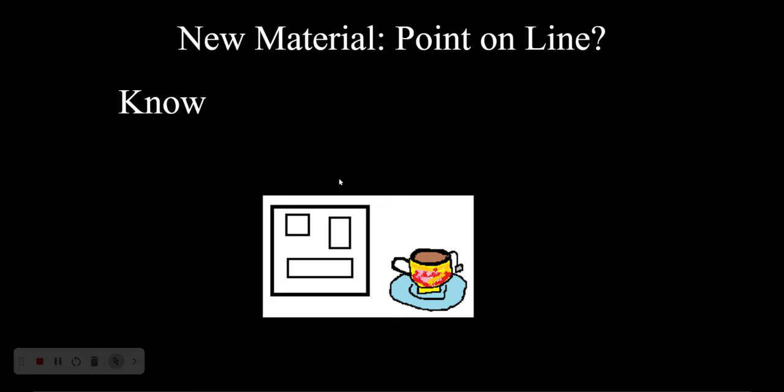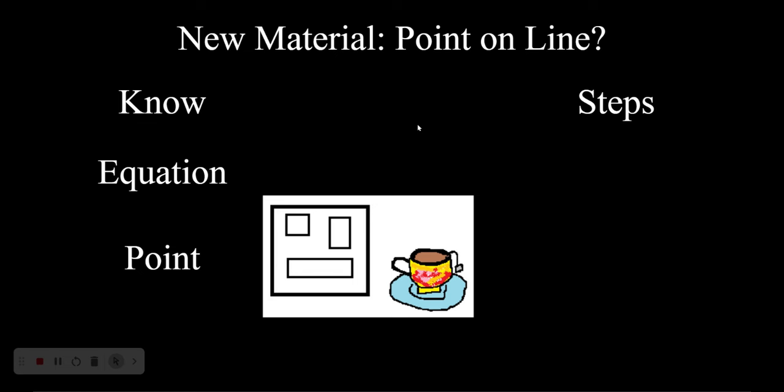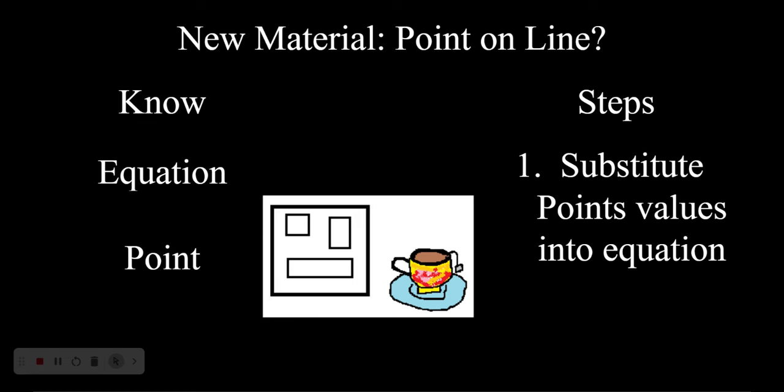To do this, you need to know the equation and the point. You don't really need the graph, you just need the equation. And you basically do two quick things. You substitute in, and then you simplify and make sure that they match up. Is the equation that you've written correct?